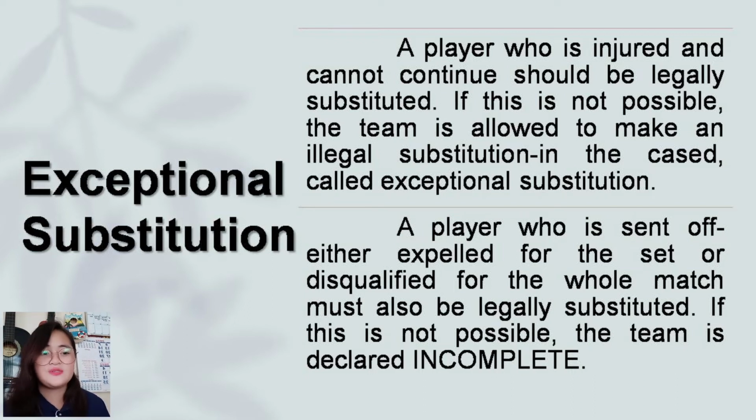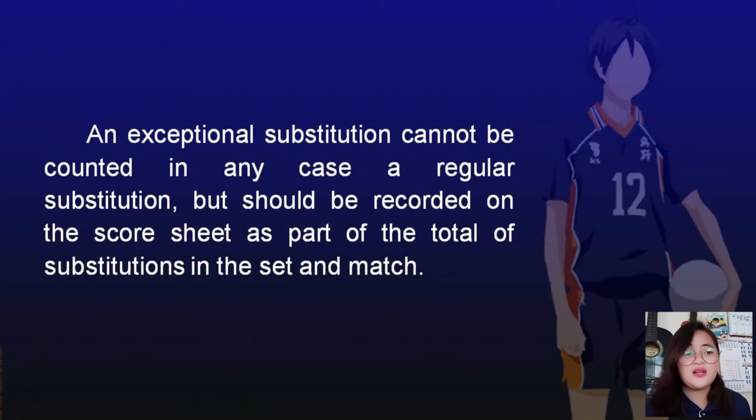If this is not possible, the team is declared incomplete. An exceptional substitution cannot be counted as a regular substitution, but should be recorded on the score sheet as part of the total substitutions in the set and match.